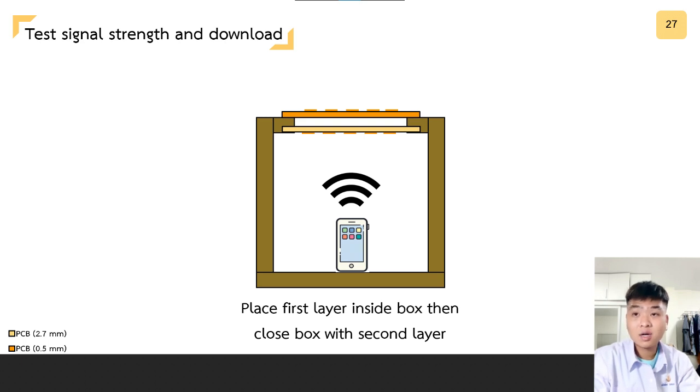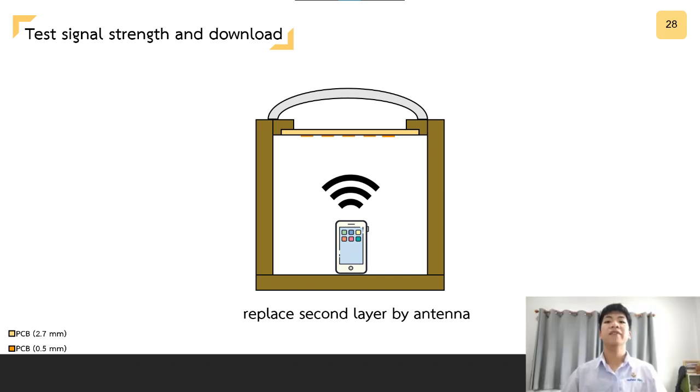The signal power and download speed are measured in this case. Testing the frequency selective surface type of reflection. Place the rectangular frame PCB with a 2.7 mm wide edge into the slot of the simulation box, with the side containing the copper facing inward toward the simulation box. Then place the antenna on top of the PCB.